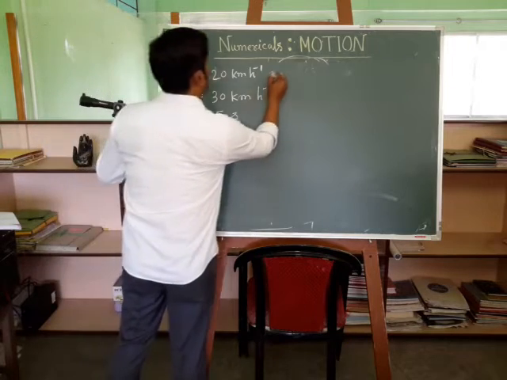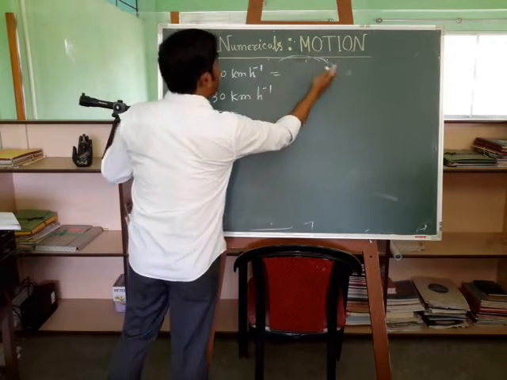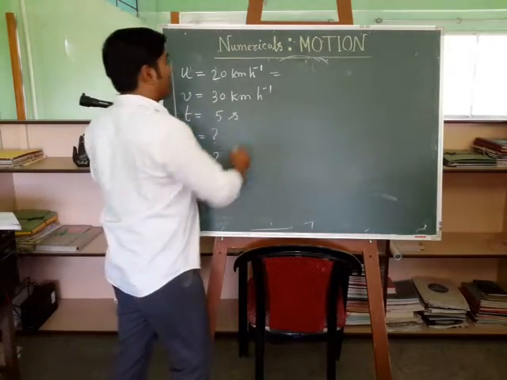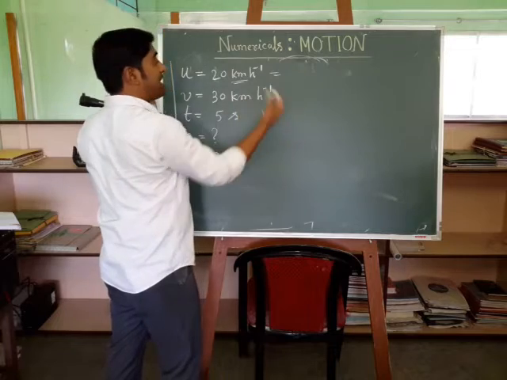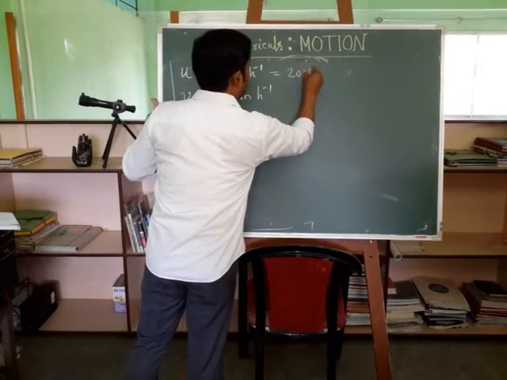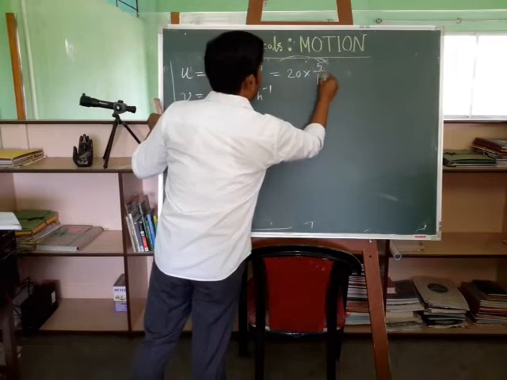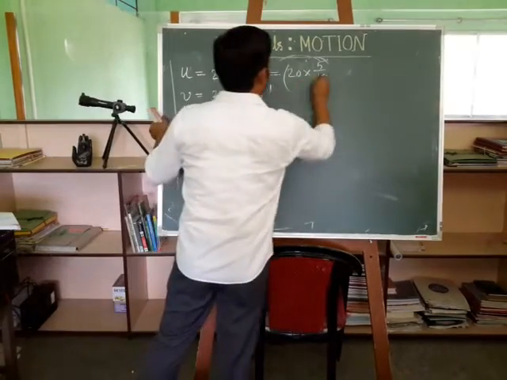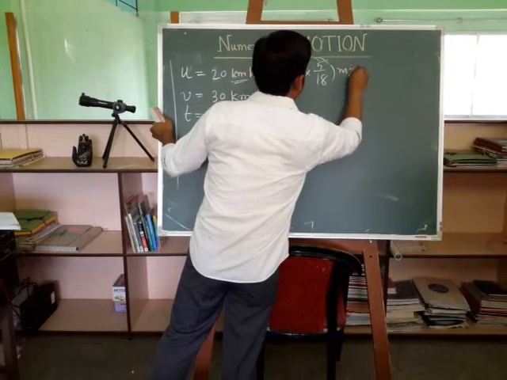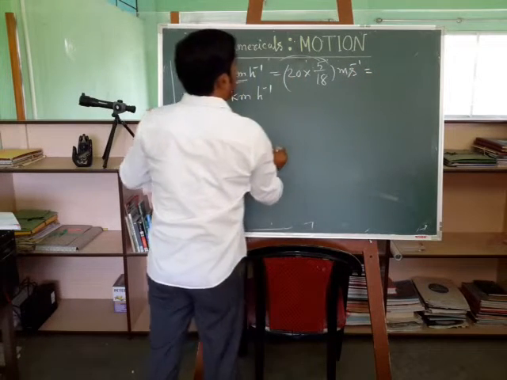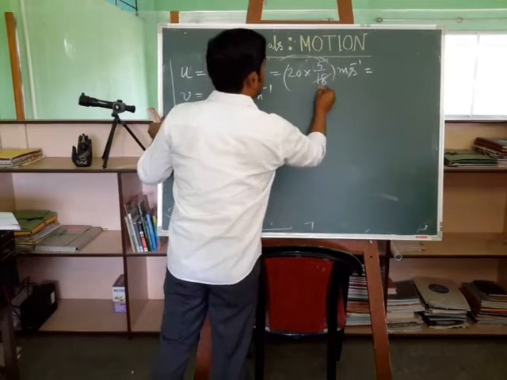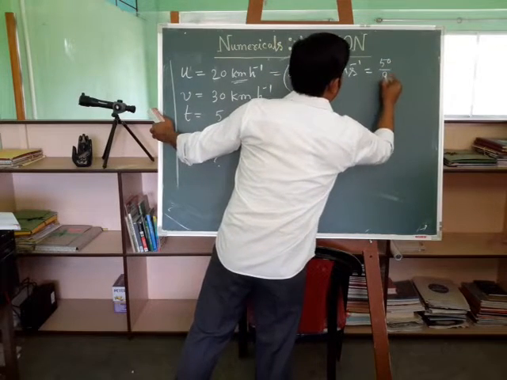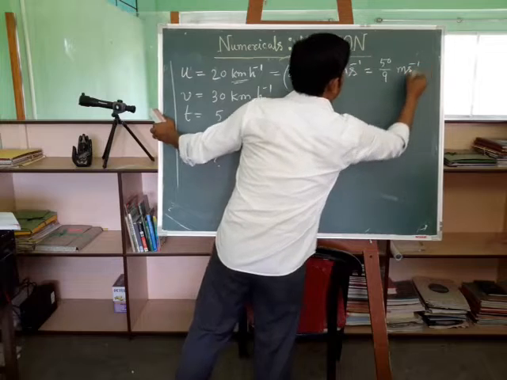If I want to go from kilometer per hour to meter per second, what should we do? We remember that to go from kilometer per hour into meter per second, we have to multiply this by 5 upon 18. That's why we have done those very simple problems, and that will give us speed in meter per second. And how much will that be? This will be 9, this will be 10, so 50 upon 9 meter per second.